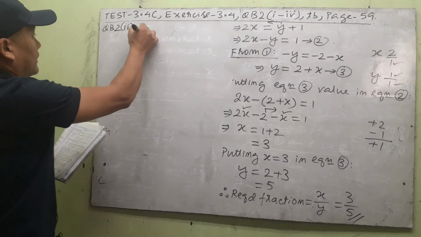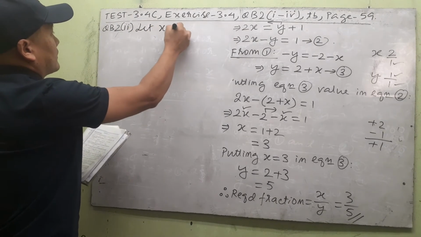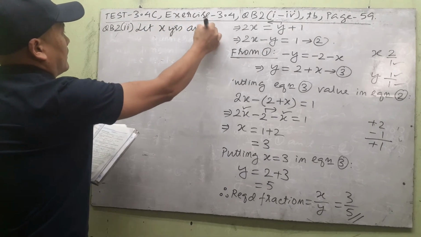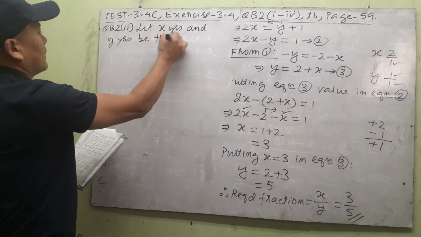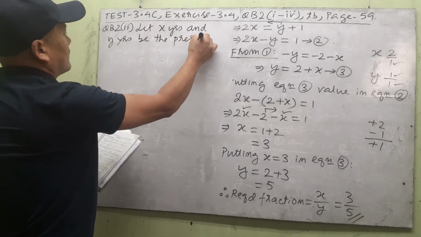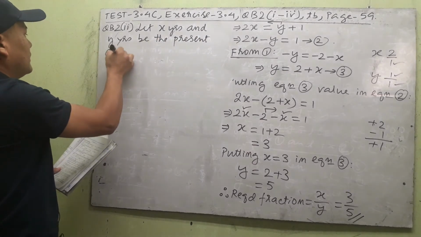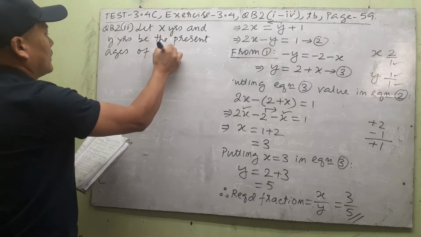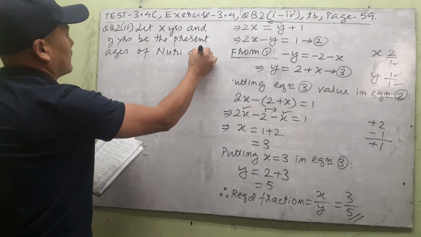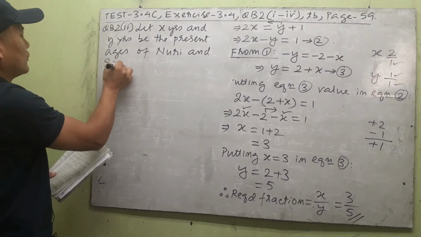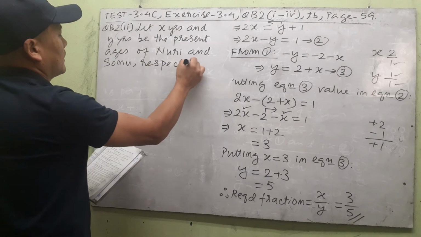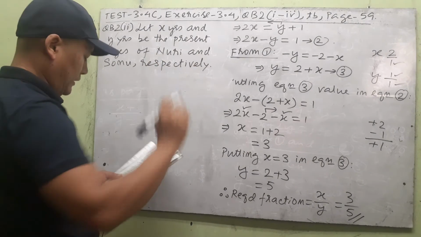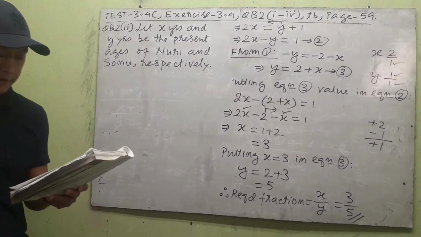So let x years and y years be the present ages of Nuri and Sonu respectively. So we have to find their present ages using the conditions of the question.